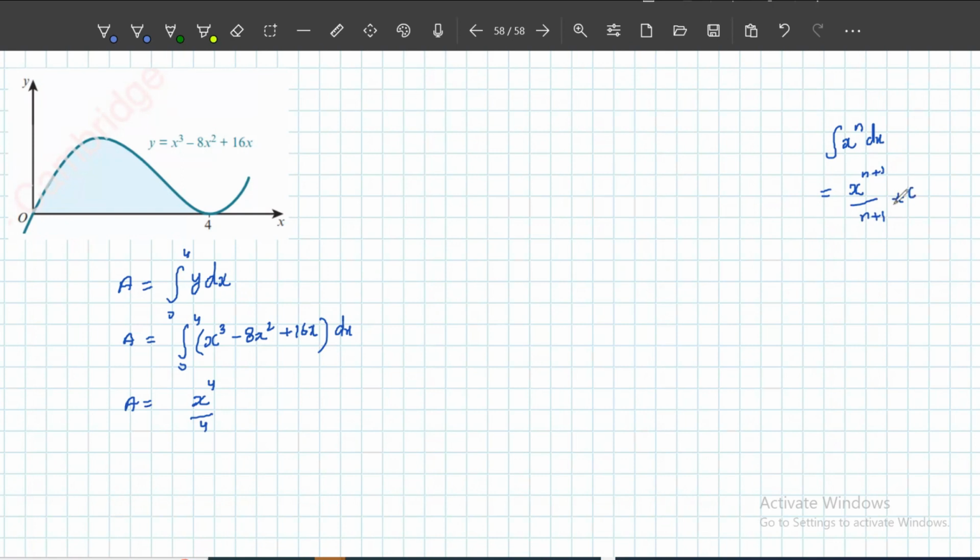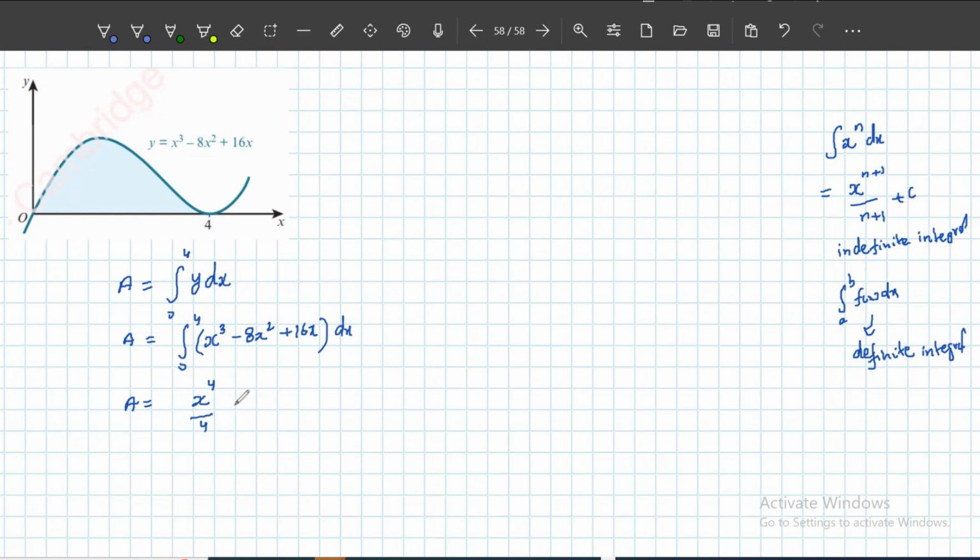But the constant of integration comes when we have an indefinite integral. In the case of a definite integral, when you have the integral from a to b of f of x dx, this is basically a definite integral, and in a definite integral we need to know the exact value, so there is no need to use the constant.